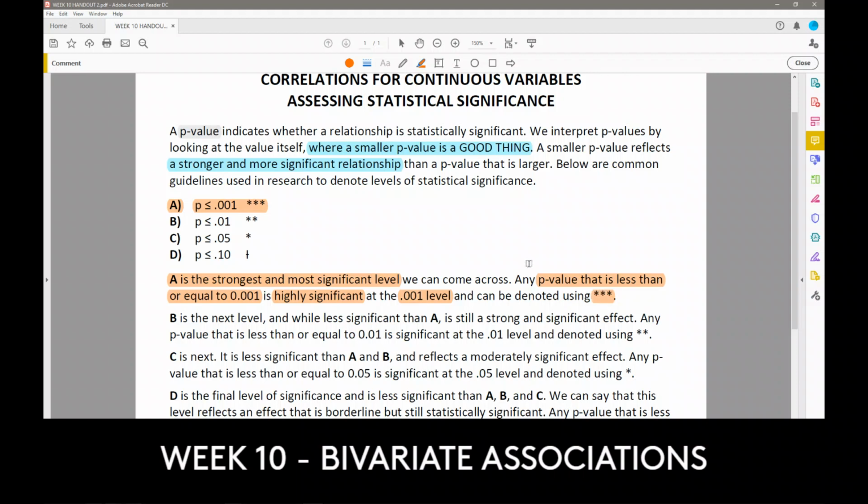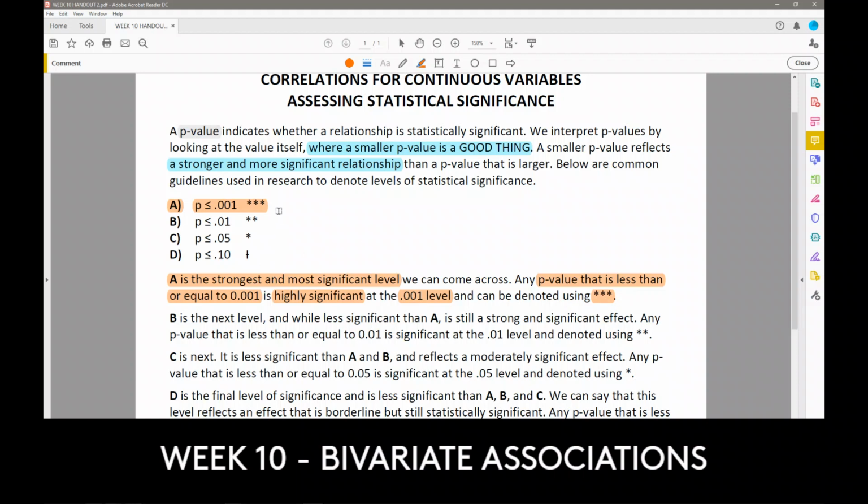So when we are writing research and we are trying to explain or discuss a finding that we had, we can use 3 asterisks instead of having to say, oh, the p-value is less than or equal to 0.001. If we use the 3 asterisks, this is a standard way of denoting significance so that every reader who sees it understands, oh, okay, that's a very significant relationship, okay?